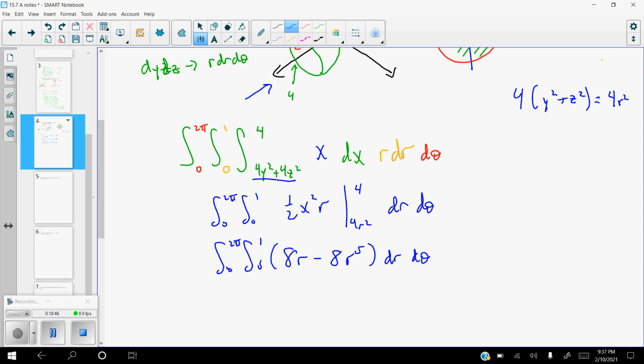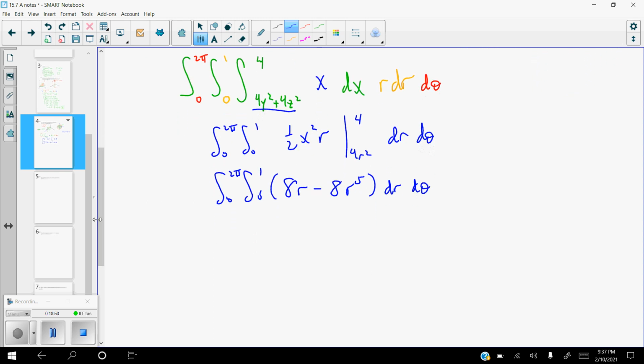All right. Now, technically, here we can use our nice Fubini's theorem, which says that if I can separate my variables and I've got all constant bounds, then we can separate the integrals, which we can, because I have no thetas in here.